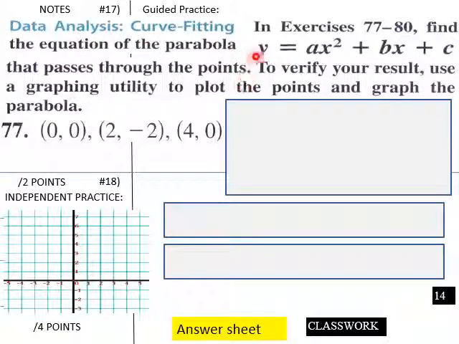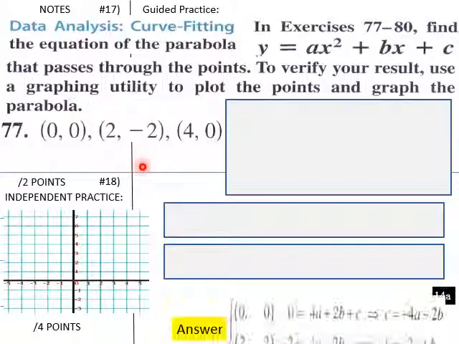Okay, so going into our guided practice here, we need to find the equation of this parabola that passes through these points. To verify your result, use a graphing utility to plot the points and graph the parabola. So here are our points.